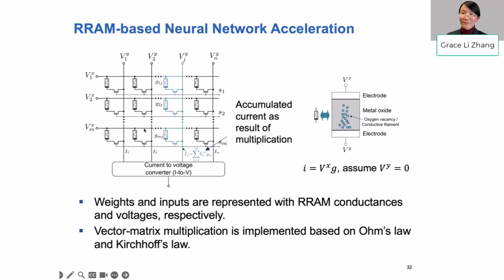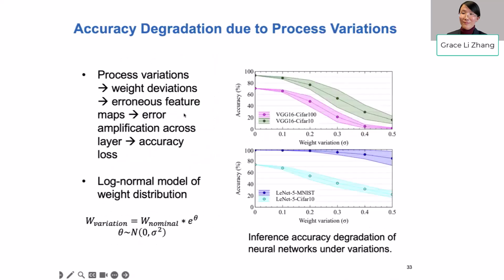It can save a lot of energy and seems very promising, but a very important problem is that such an analog device suffers from variations and noise. You want to program it to a target conductance, but in fact you cannot because of those variations. So the weight will have some deviations.